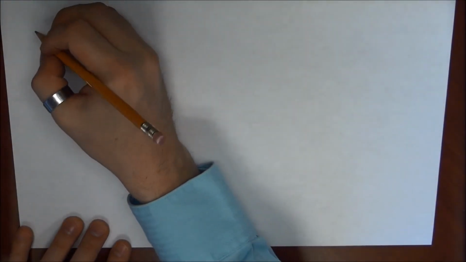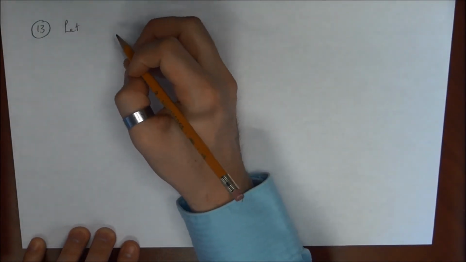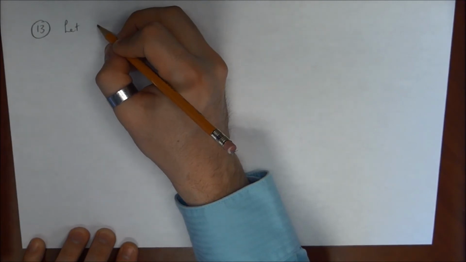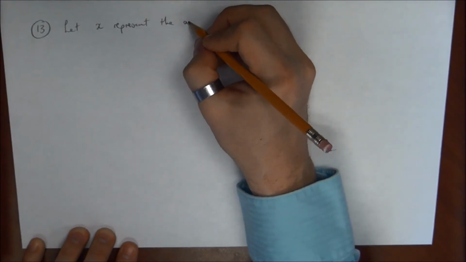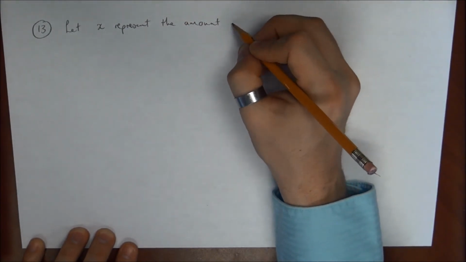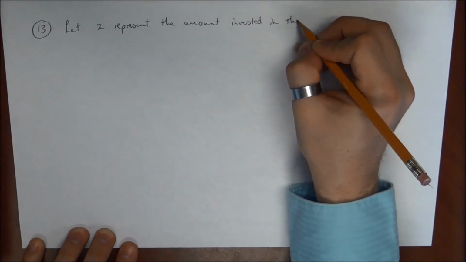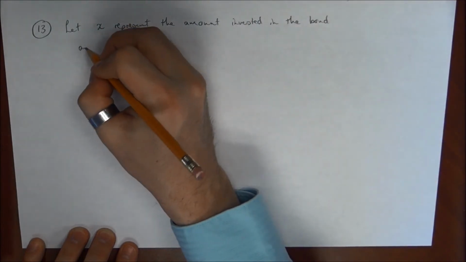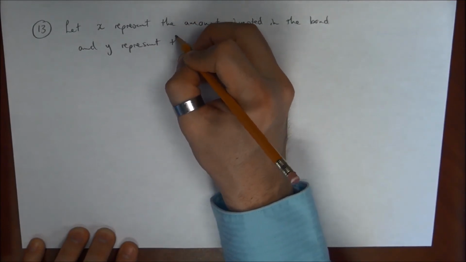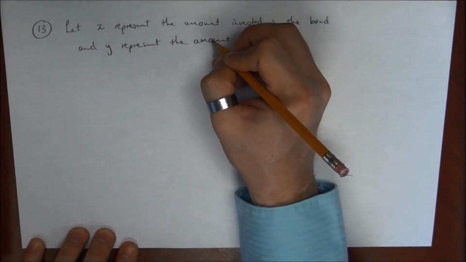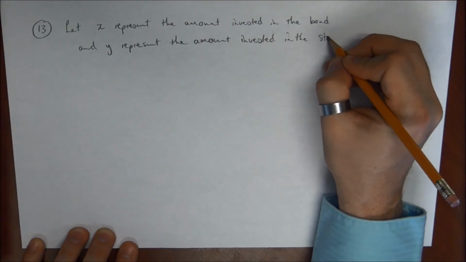So, in order for me to answer how the amount was allocated, I'm going to have to say, let X and Y. Let X represent the amount invested in the bond, and let Y represent the amount invested in the stock.